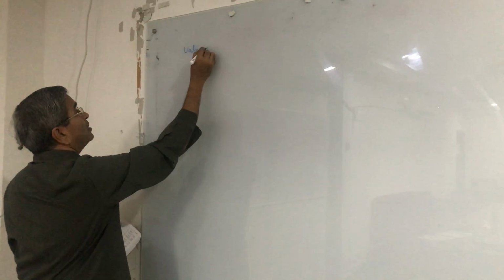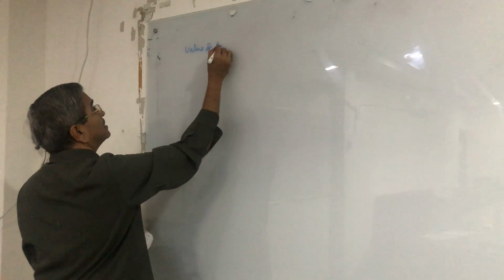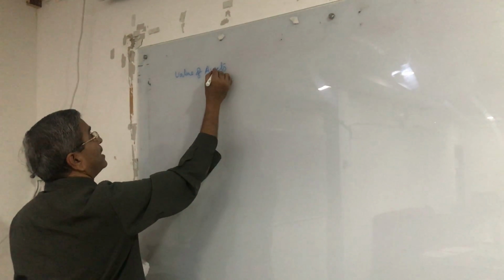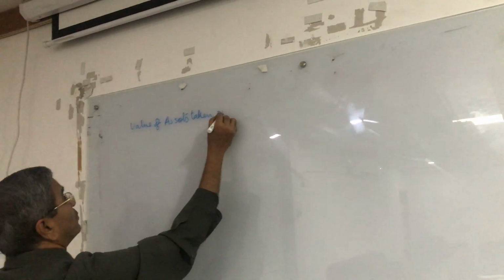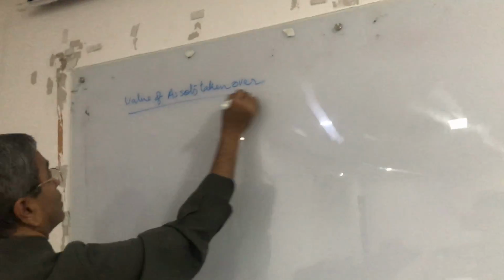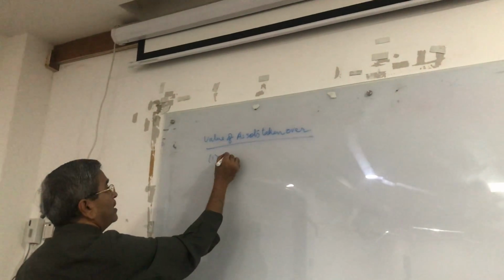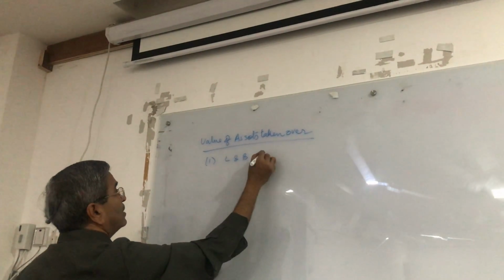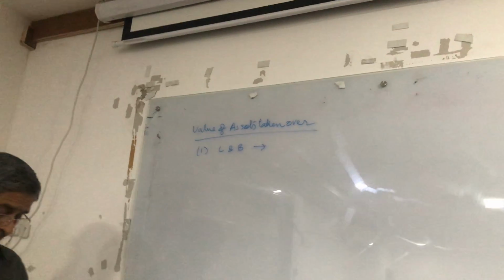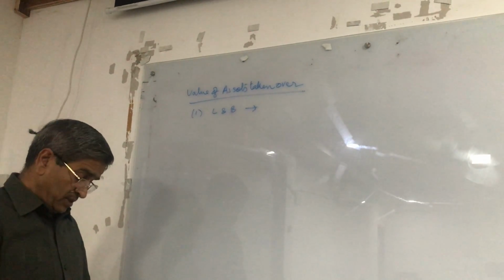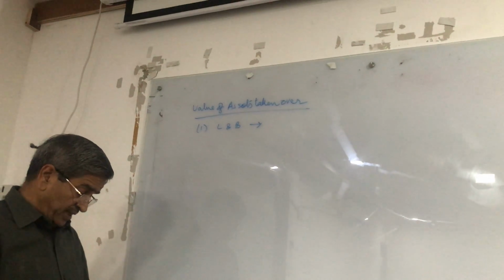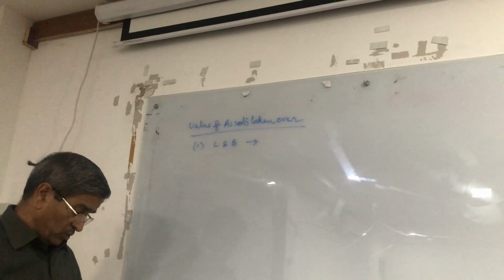Value of assets taken over. So if you take this, we need to write number one, land and buildings. Though the value given in the balance sheet is only 20,000, 15,000, it is given that we should treat it as equivalent to 40,000.